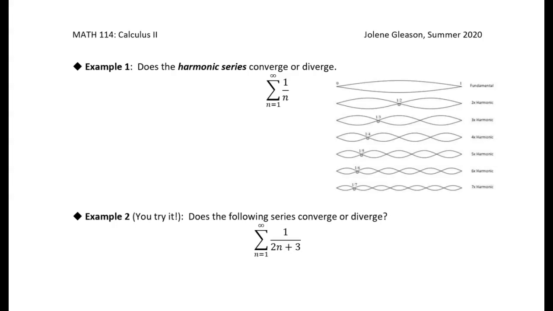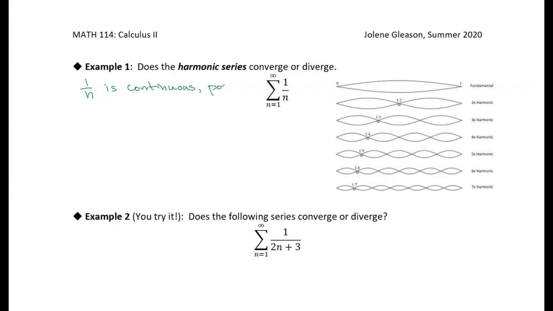So the harmonic series is basically the sum of 1 plus 1/2 plus 1/3 plus 1/4 plus 1/5. Okay, so it's just called the harmonic series. But that function 1 over n is continuous, right? And we have to make sure that it meets the criteria before we apply the integral test.